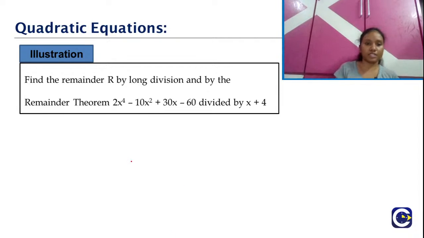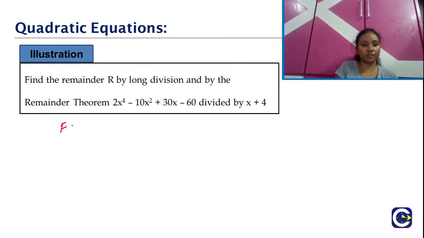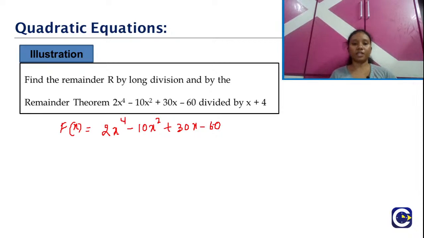So here, what is the dividend, guys? Our dividend f of x is given to be 2x power 4 minus 10x square plus 30x minus 60. So first solve it by remainder theorem and let me know the answer, or else you can go by the long division method also, as you wish.